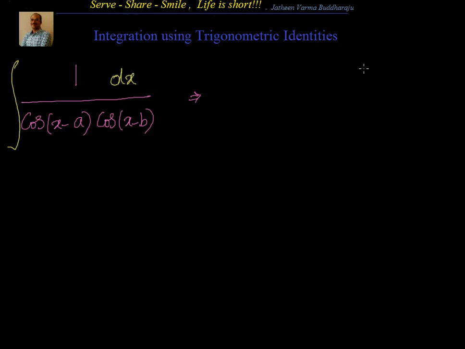The only thing we know is that if I do x minus a minus of x minus b, I will get a constant, because x and x cancel, and minus x plus b gives b minus a. So if I subtract, I get a constant.